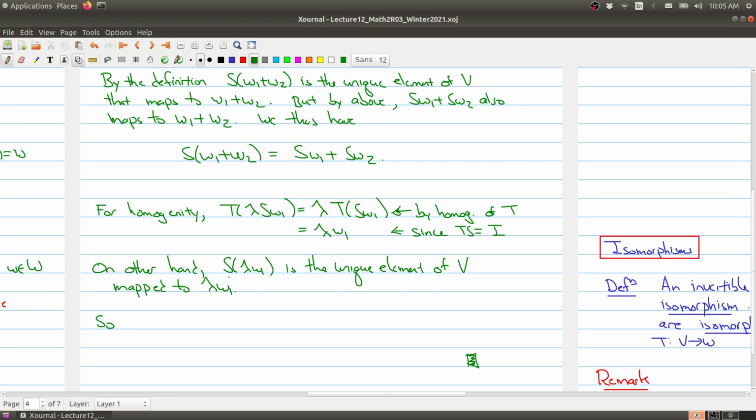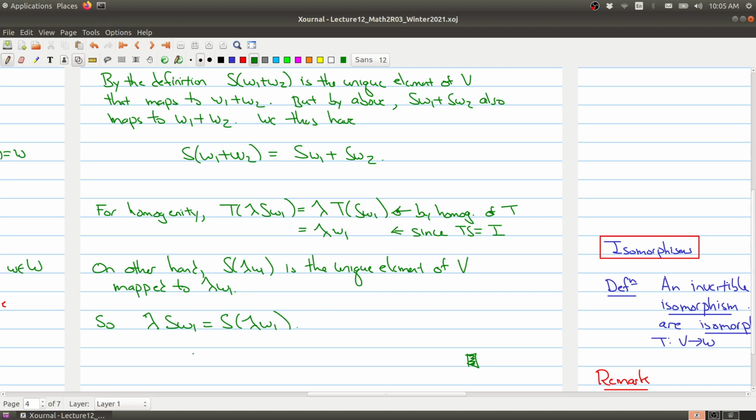On the other hand, S evaluated at lambda w1 was defined to be the unique element of V that's mapped to lambda w1. So we have two elements mapping to lambda w1. There's only one element that can have that property, so they have to be the same. So we have that lambda S(w1) should be the same thing as S of lambda w1.